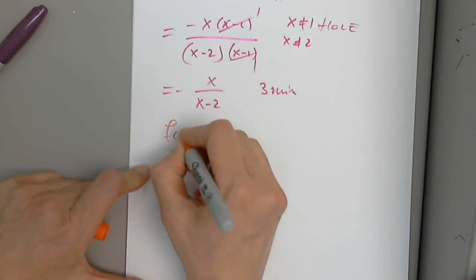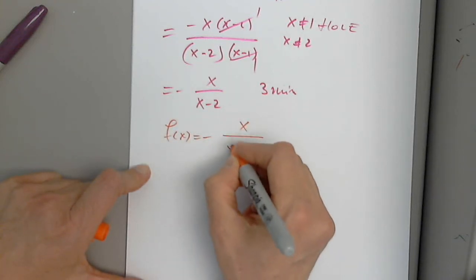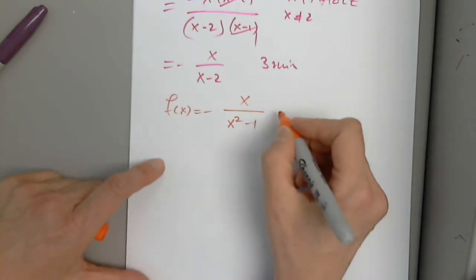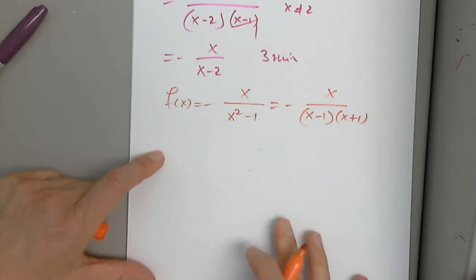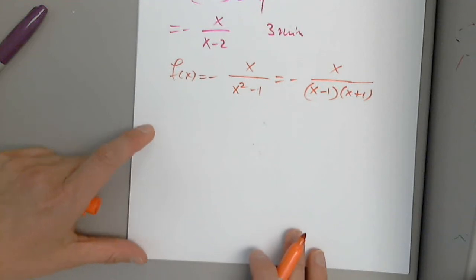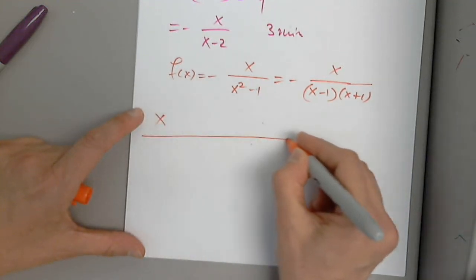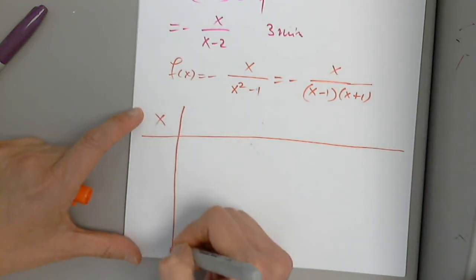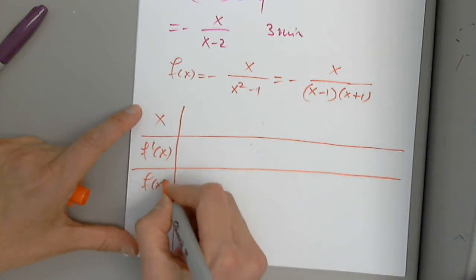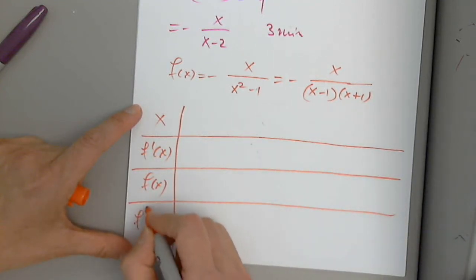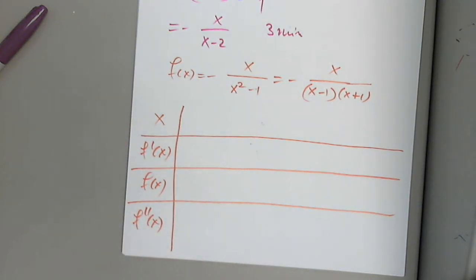So then we have f of x, which is negative x over x squared minus 1, or negative x over x minus 1 times x plus 1. I think I have enough room for my table here, so I'm going to start here. We are starting from scratch the problem that we did not finish last time when my computer collapsed and the power went out.